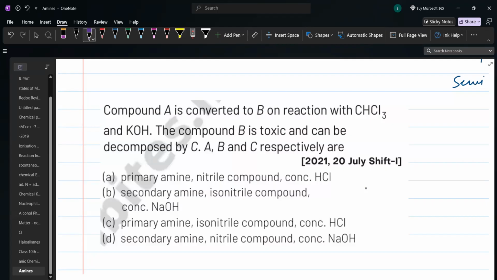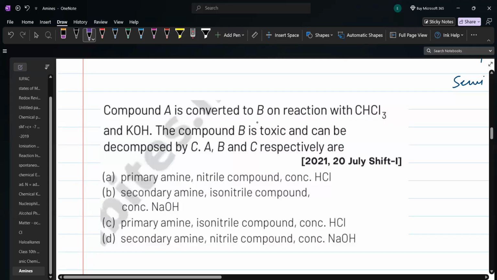Try this question. Let me give you a hint so that it would be easier for you to understand.